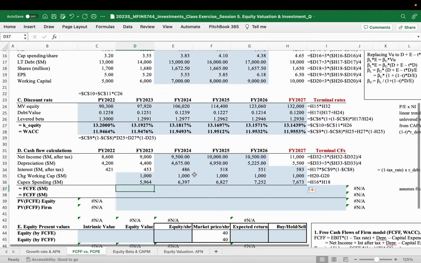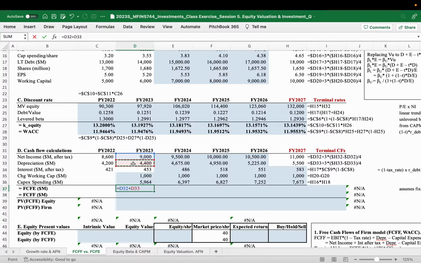So for free cash flow of equity, we start from net income plus the depreciation, now minus the changes in working capital, minus capital spending, right? And plus the debt part.